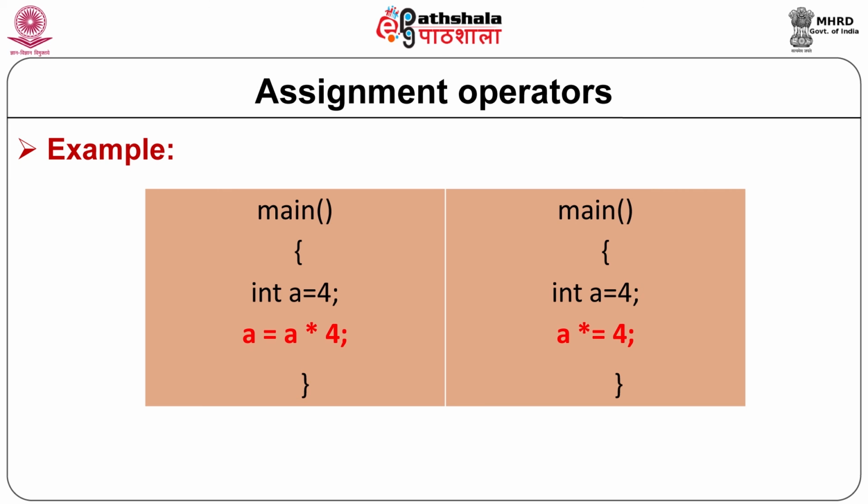In the first program I have written a equal to a star 4. It means a multiplied by 4. So 4 multiplied by 4, that is 16. Both programs will produce the same result, because a equal to a star 4 and a star equal to 4 remain the same.